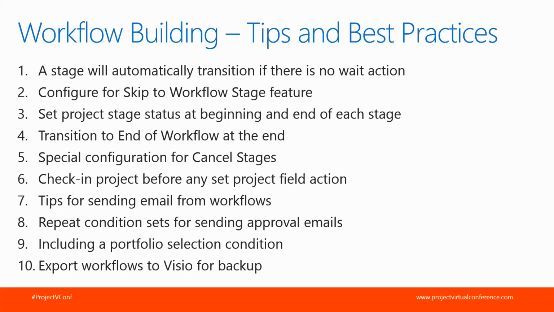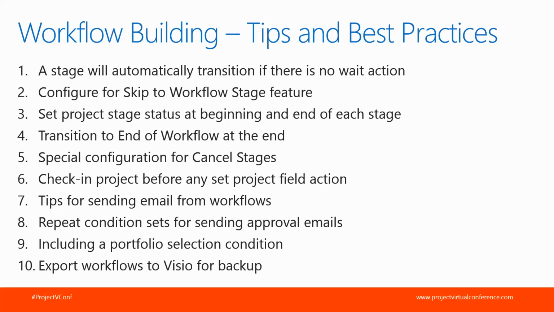So just to review all these tips, we talked about the fact that you need a transition action. You need a wait action to stop at a stage. We talked about the best practice for configuring the skip to workflow stage feature. Set a project stage status at the beginning and end of each stage. Make sure you include that transition to your end of workflow at the end.